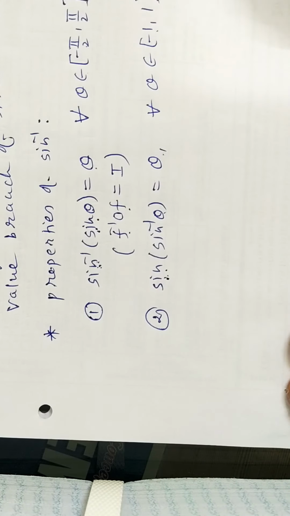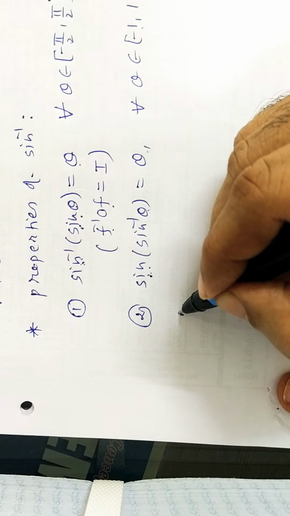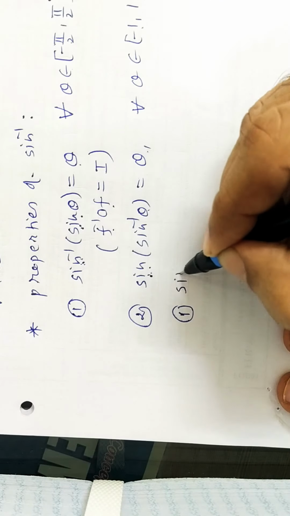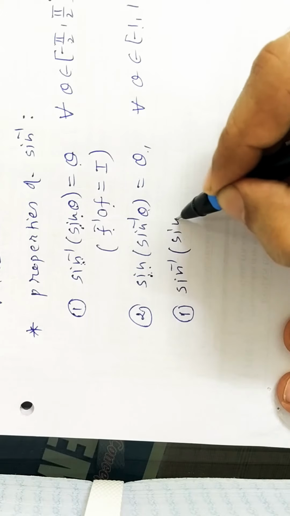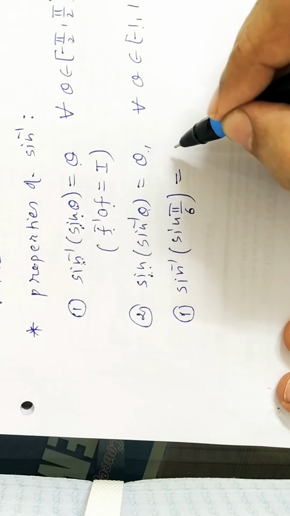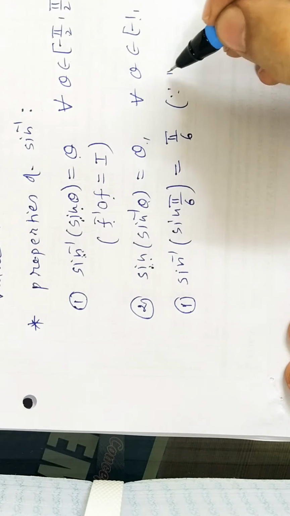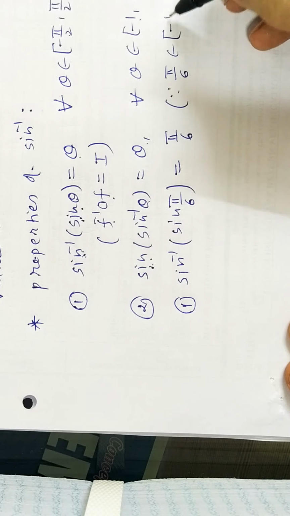See some examples. For example, sine inverse of sine pi by 6 is equal to pi by 6 or not? Yes, it is equal to pi by 6 because pi by 6 belongs to minus pi by 2 to plus pi by 2.